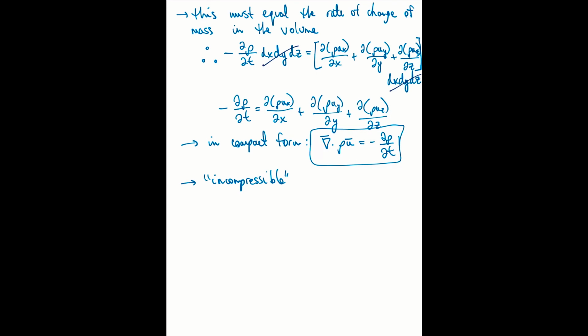What this means, I will remind you, is that we're saying the density doesn't change when we say something is incompressible. So the rate of change of density goes to 0, and density doesn't change in space or time. Both of them, right? So we just end up with this.